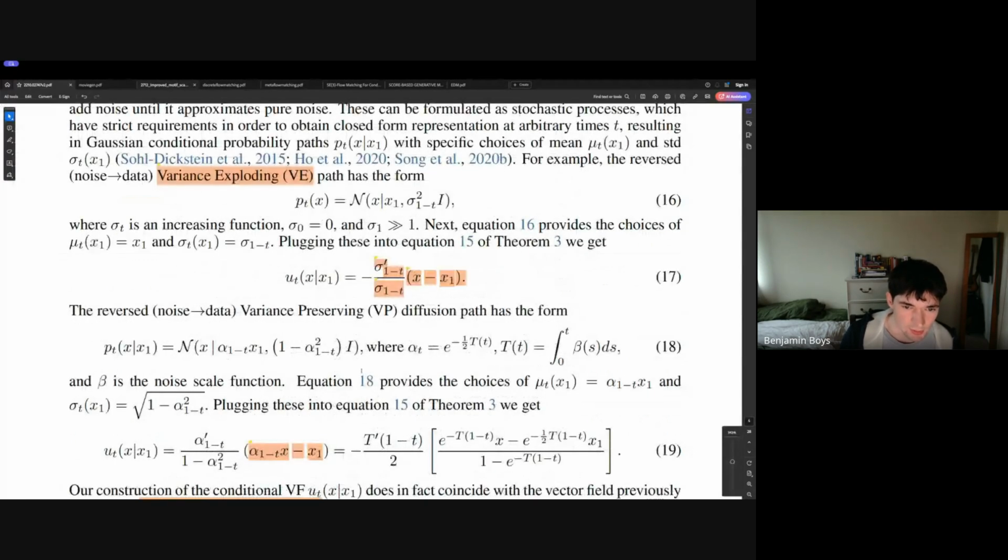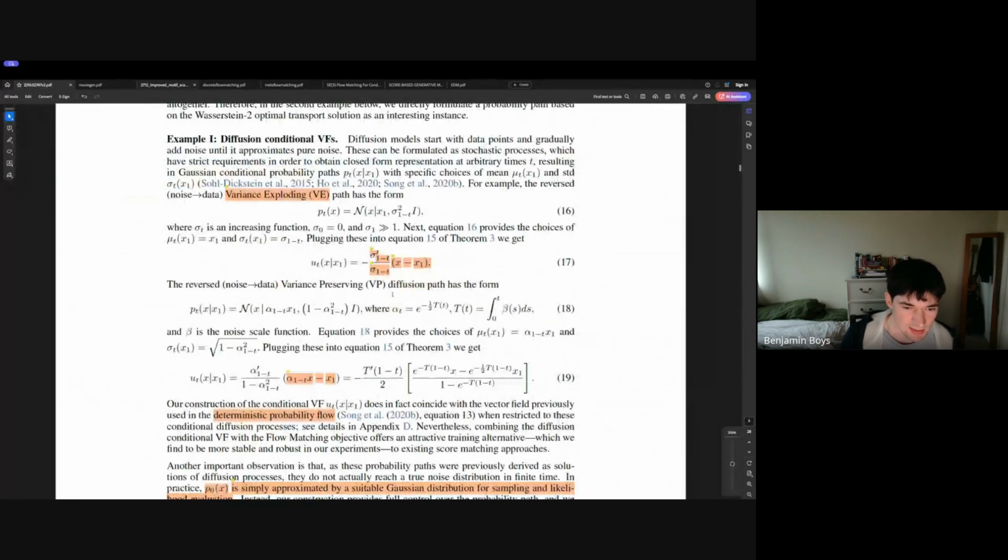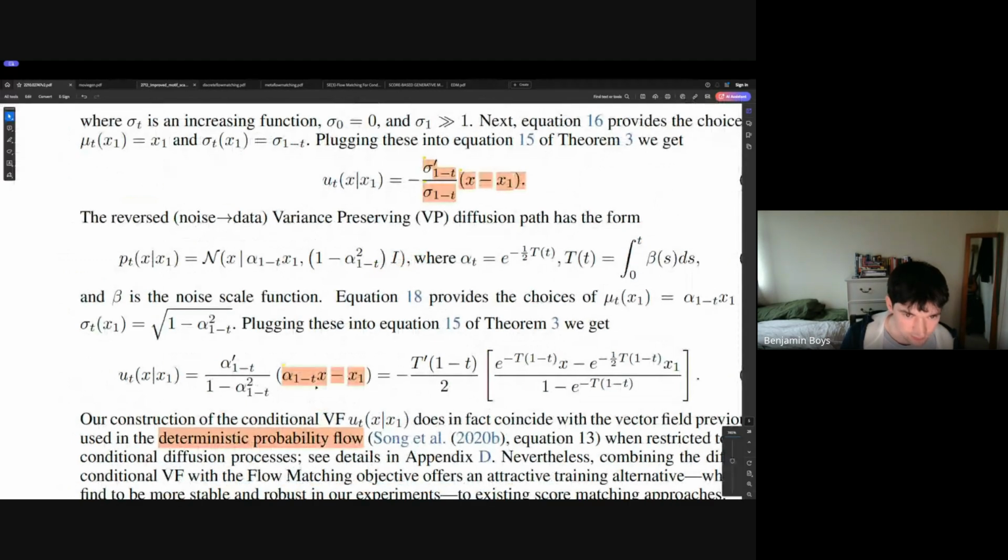However, that's not the case for variance preserving SDE. You can see here that you've got alpha 1 minus t, which is just a parameter of the forward noising path, pre-multiplied by x, which is the noised data point that's sampled from this one-step transition to noise the data, minus the original data point.